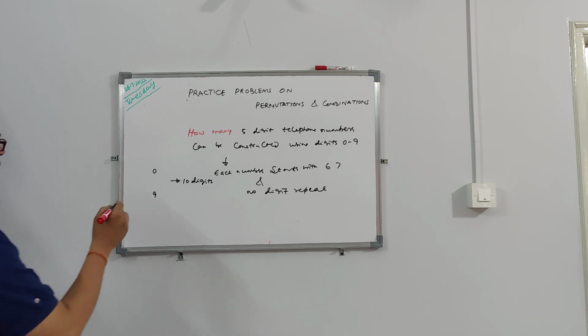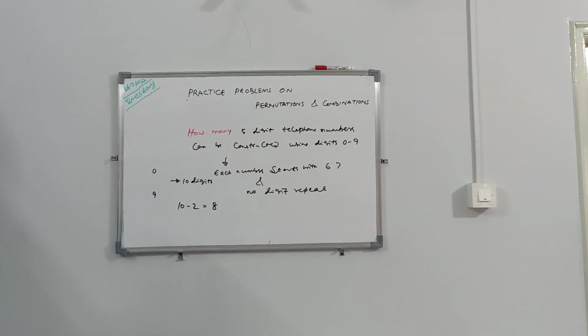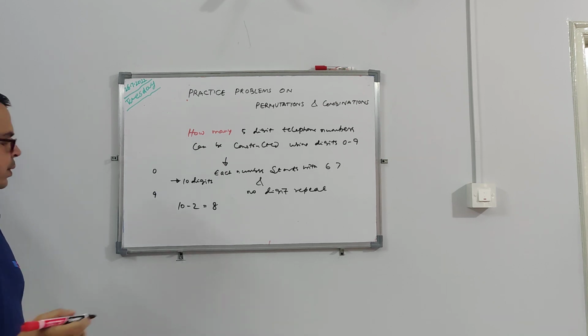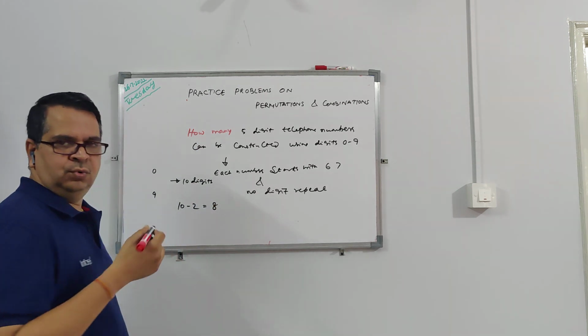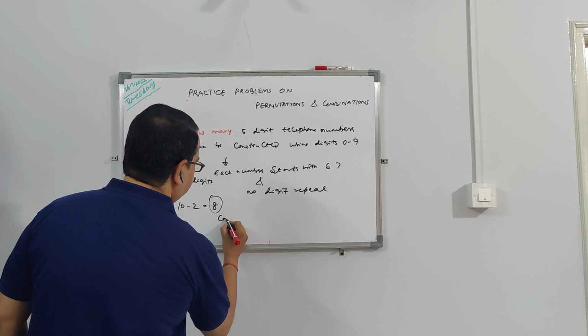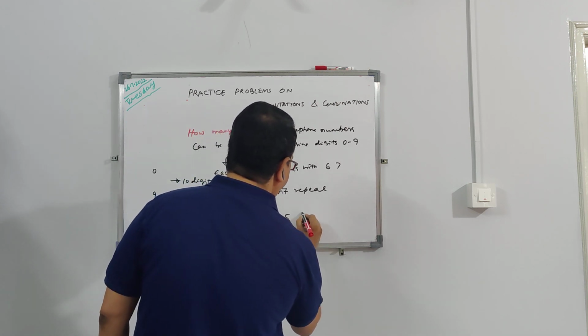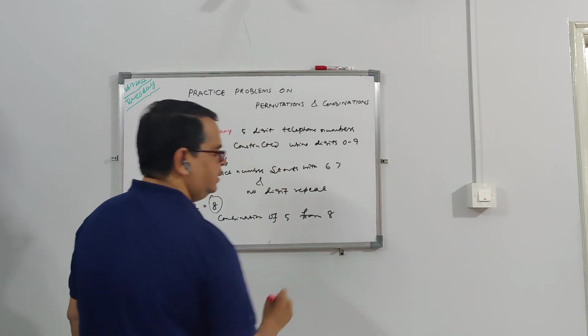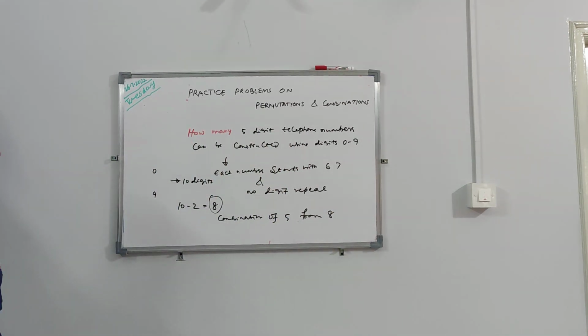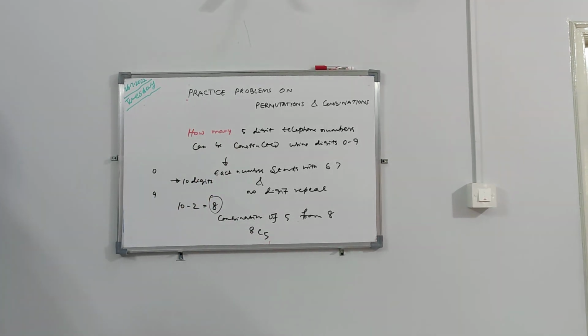So out of 10 minus 2, you are left with 8. And you have to form a 5-digit telephone number. So you are left with 8 digits, and your combination of 5 from 8. 8C5.